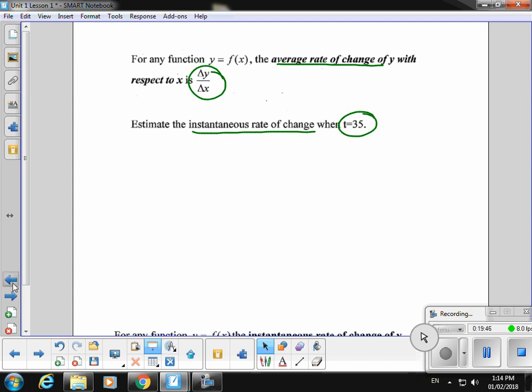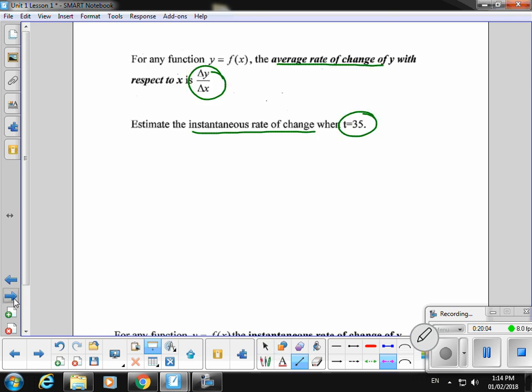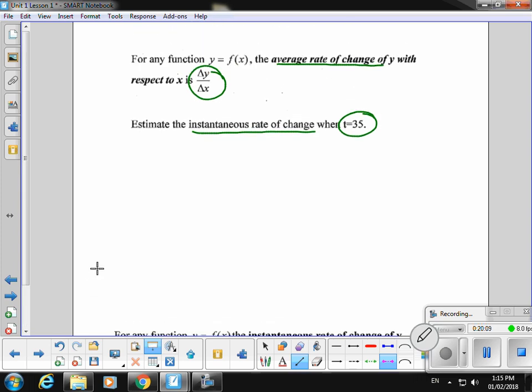So looking back, I want to know, let's go pink, when t is 35 is right there, and I'm trying to eyeball this. I am looking for the instantaneous rate of change, what's happening right at t equals 35. So we are looking at decreasing intervals to see if we can come up with the best approximation.